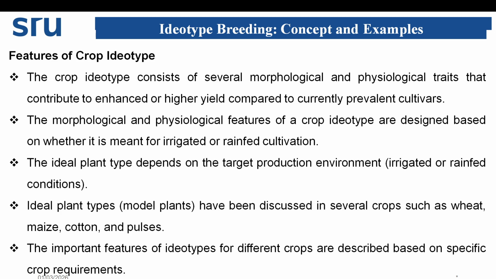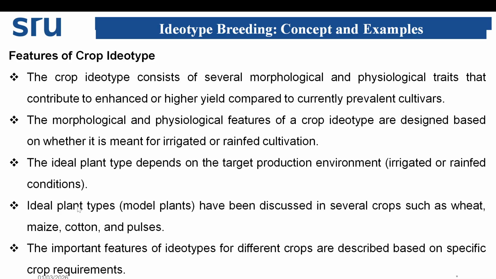Likewise, we have seen factors affecting ideotype. In that, we have seen one factor, that is cultivation practices, whether it is irrigated or rain-fed. On the basis of that, you can design the morphological and physiological features. The ideal plant type depends on the target production environment. That is the most important thing.